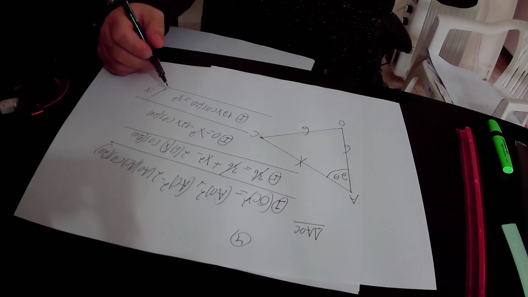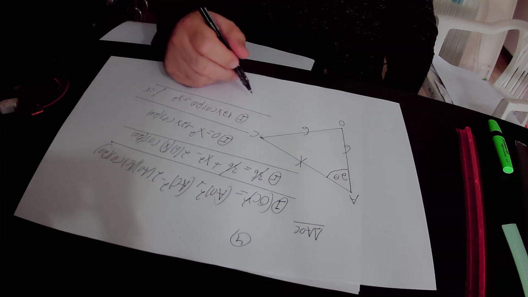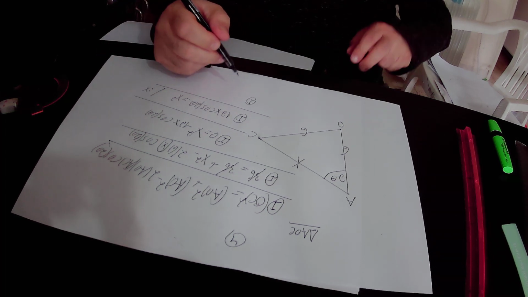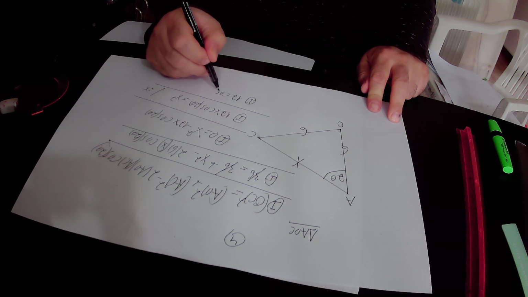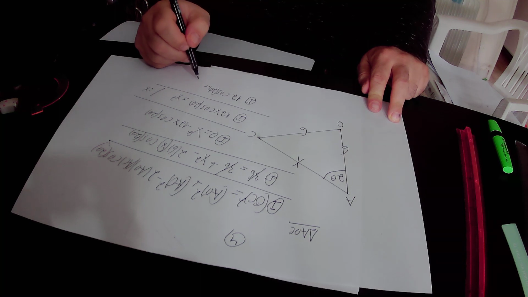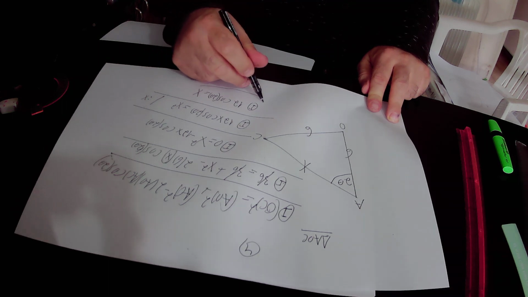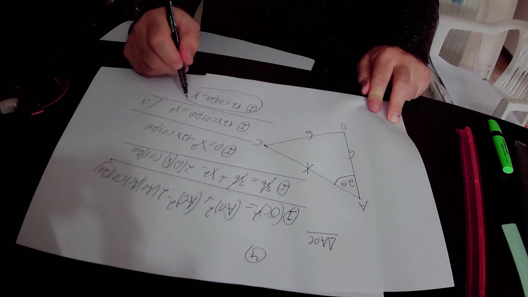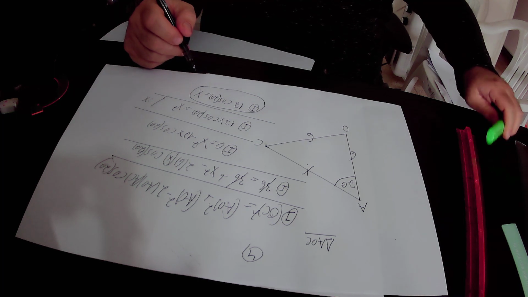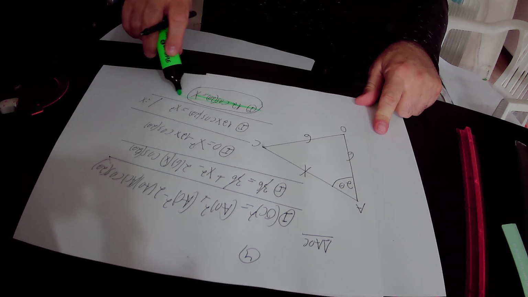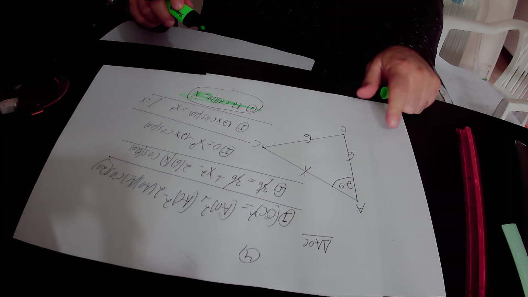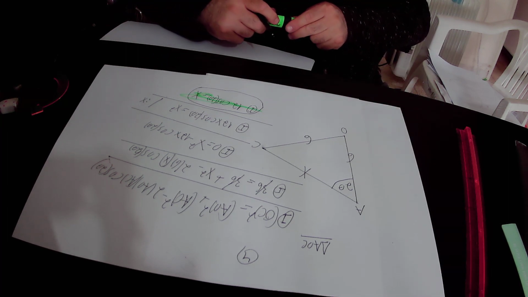So we divide equation number 1 by x, and we get that according to equation number 1, 12 times cosine 2 theta equals x. So according to equation number 1, we found out that 12 times cosine 2 theta equals x.